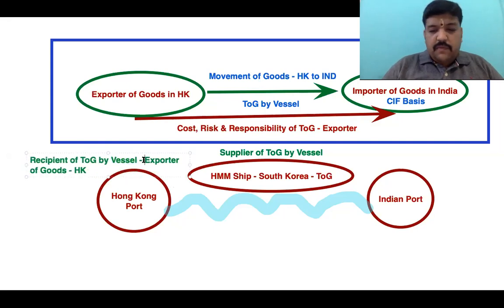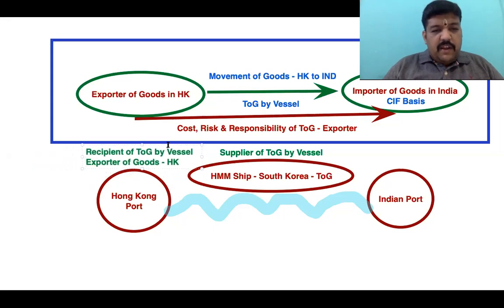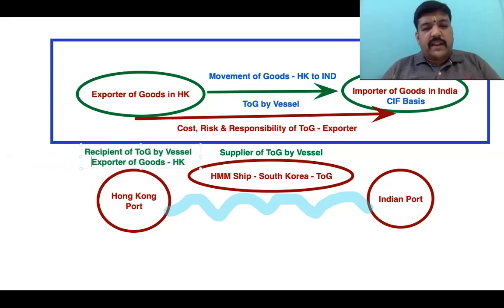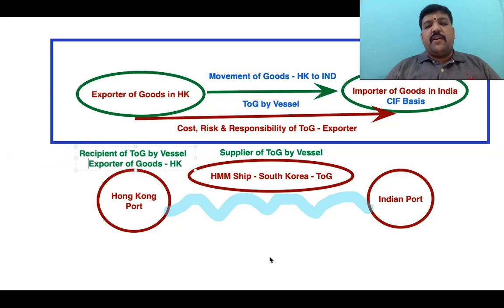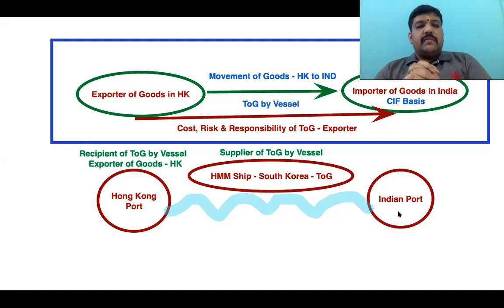Your exporter of goods will be your recipient of service. When the supplier of service is located in non-taxable territory, and the recipient of service is also located in non-taxable territory, but the resultant movement of goods comes to India, a doubt comes here.